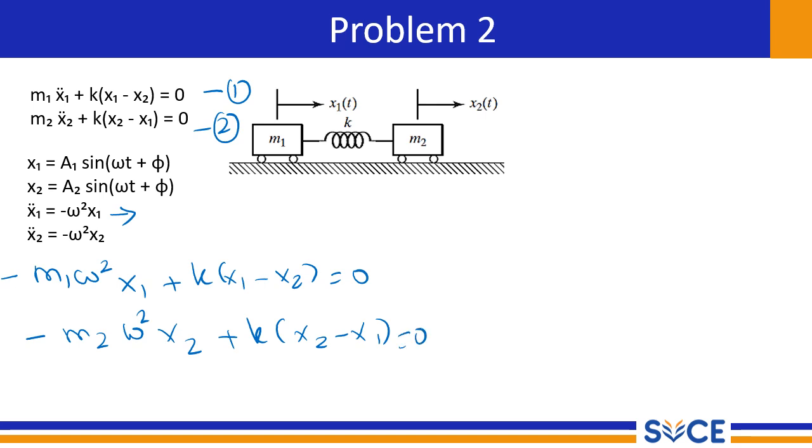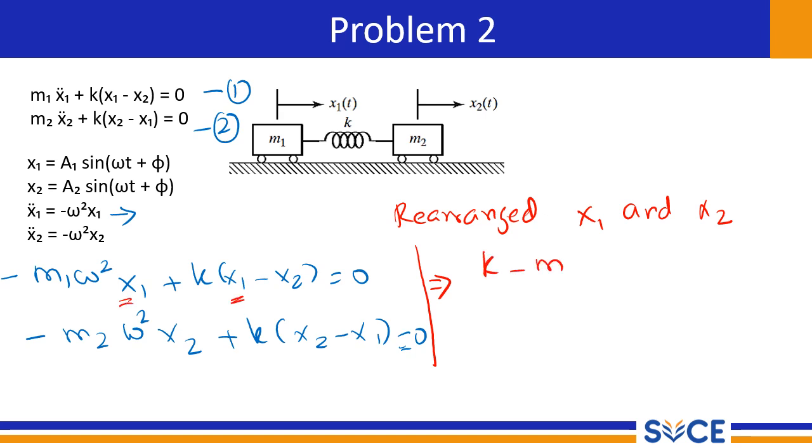Now this is going to be rearranged in terms of x1 and x2. Taking x1 common, it is (k minus m1 omega square) x1, then minus k x2 equal to 0.